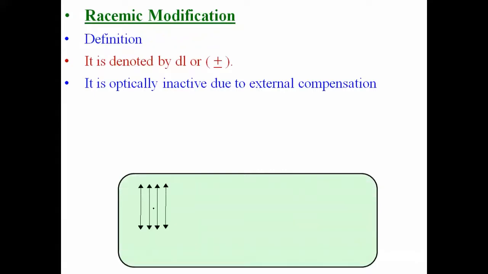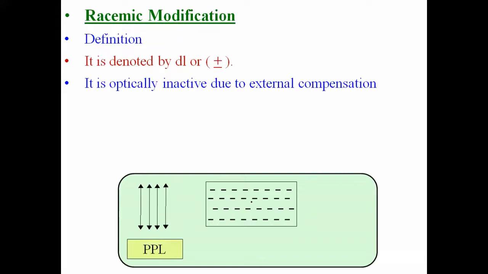मी तुम्हाला दाखवलं होतं, पुन्हा एकदा सांगतो. सपोज दिस इज द PPL, प्लेन पोलर लाईट, अँड ओके दिस इज द ट्यूब हॅव्हिंग रेसिमिक मिक्सचर. यामध्ये रेसिमिक मिक्सचर आहे, म्हणजे डेक्स्ट्रो आयसोमर आणि लिओ आयसोमर याचं इक्विमोलार प्रपोर्शन त्यामध्ये आहे. ओके, सपोज दॅट PPL इज पास्ड. यामधून आपण PPL पास करूया. PPL यामधून पास होताना काय होतं?